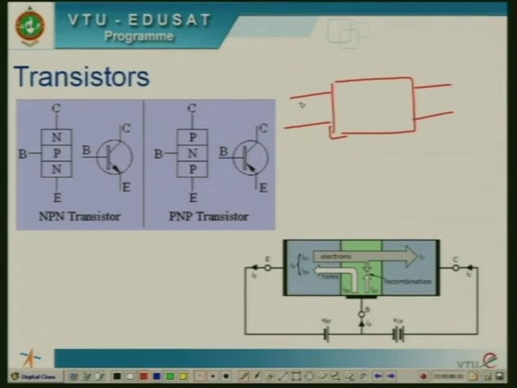But a transistor has only three terminals, hence one of the terminals has to be common to both input and output. Based on this common terminal, we can classify transistors into common base, common emitter and common collector configurations.